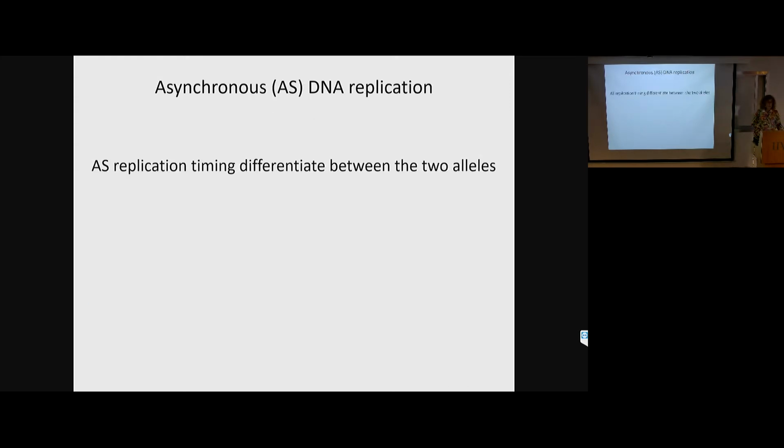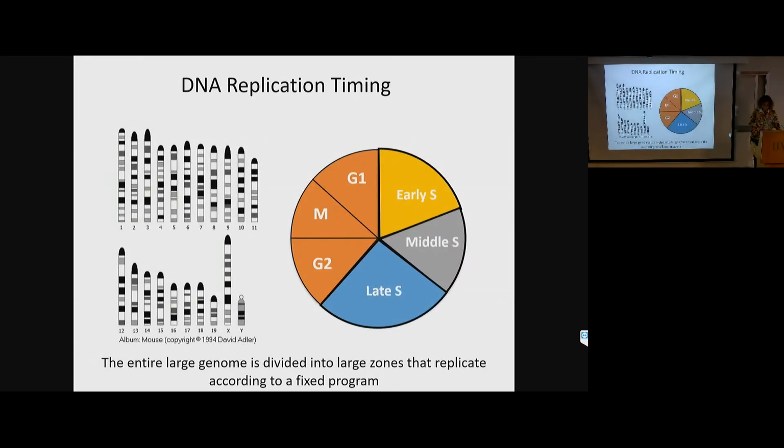But one thing we appreciated some time ago is that in addition to DNA methylation, chromatin, non-coding RNA, everything is found on the immunoglobulin loci. There is something else which is called asynchronous replication. What is asynchronous replication?